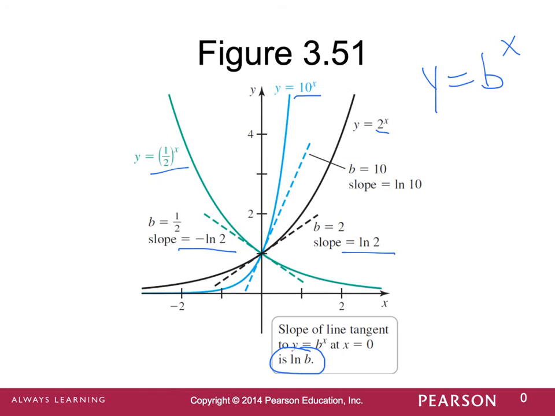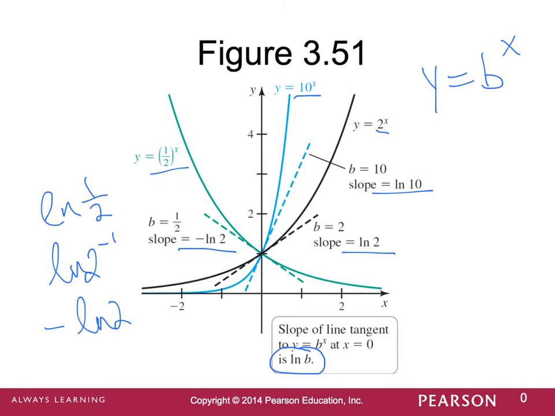And that is, keep in mind, the natural log of 1 over 2, because really what is 1 over 2? That's 2 to the negative 1. So the natural log of 2 to the negative 1 is a negative natural log of 2. Use your log rules to get that the negative natural log of 2 is the same as the natural log of 1/2. And then finally, for y equals 10 to the x, our slope at x equals 0 is going to be the natural log of 10.